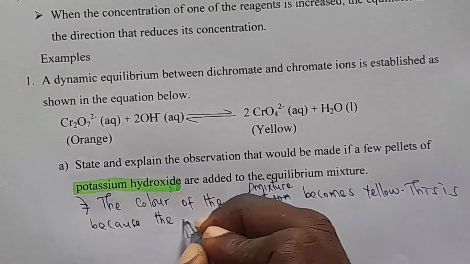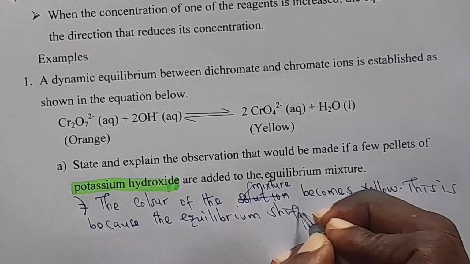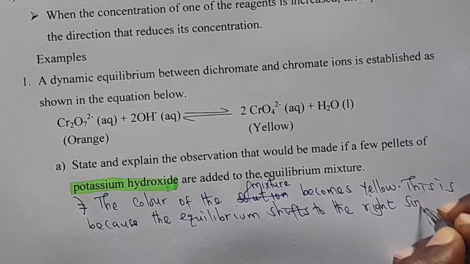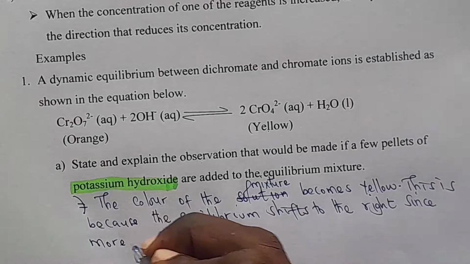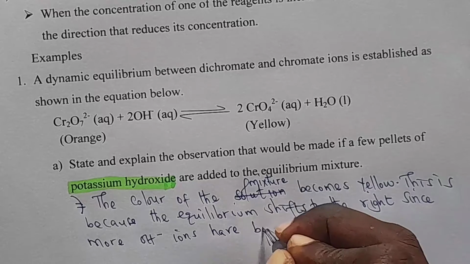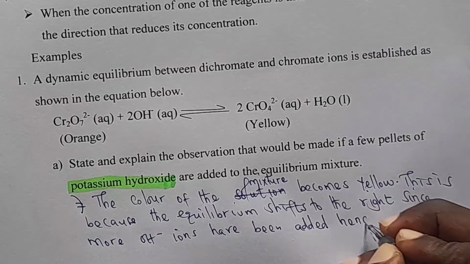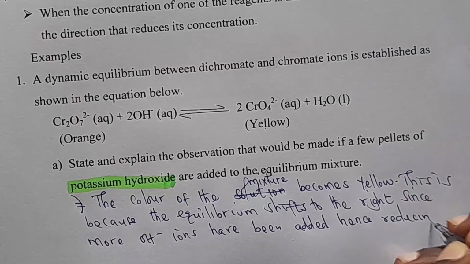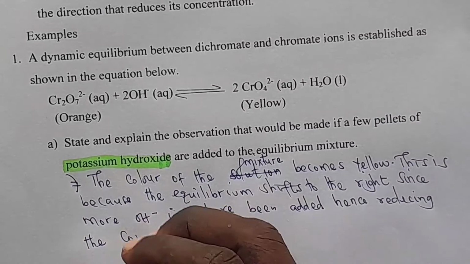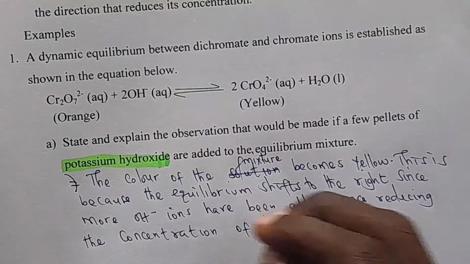the equilibrium shifts to the right since more hydroxide ions have been added, hence reducing the concentration of the dichromate.